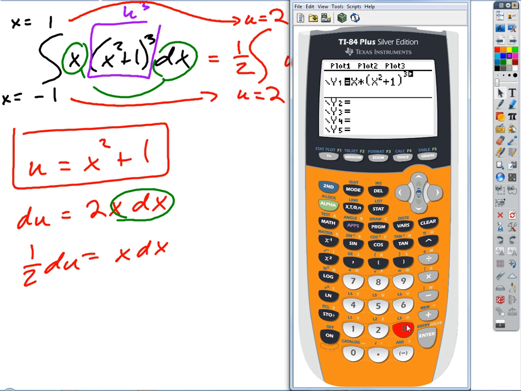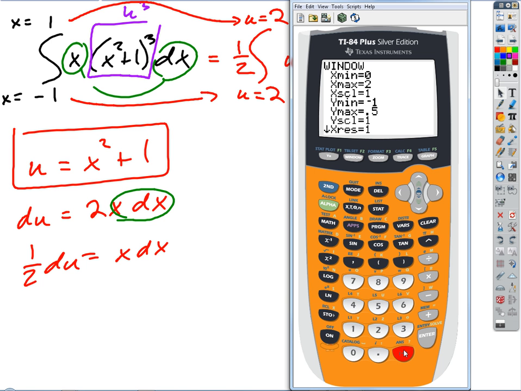So how about if we graph that from negative 1.5 to 2.5. You'll see why here in a second. Then we'll go zoom fit.